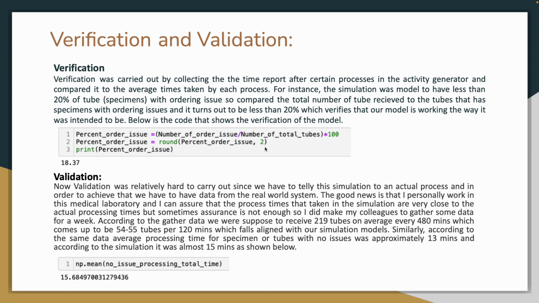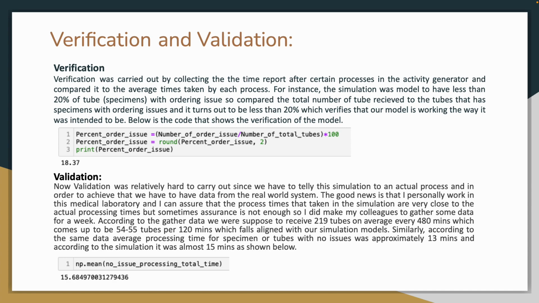The way I verified whether this model is working as it was supposed to is this: as we saw in the flow chart, we have some specimens with ordering issues, and I've set that to 20%.